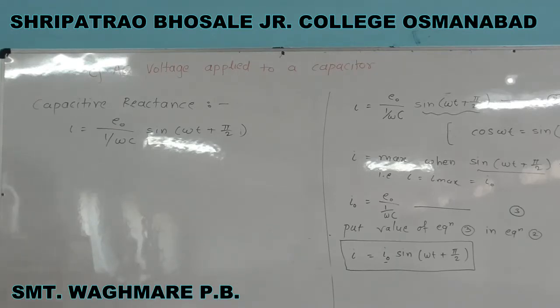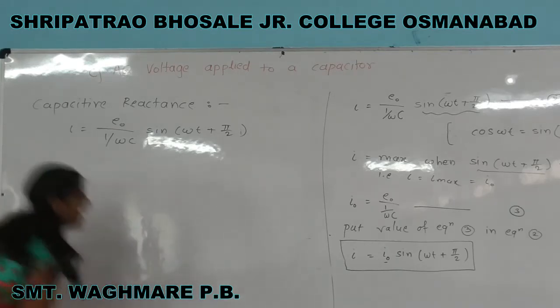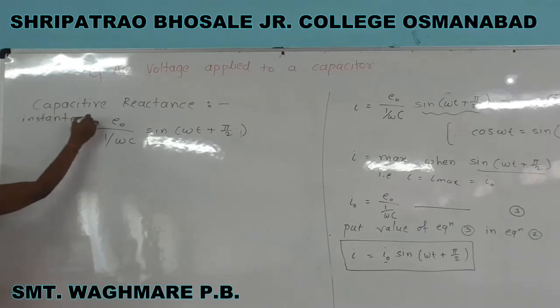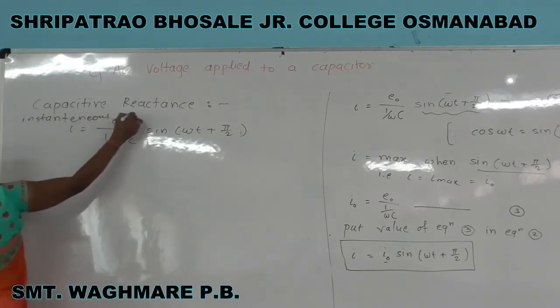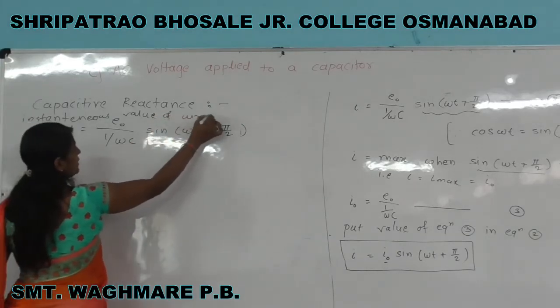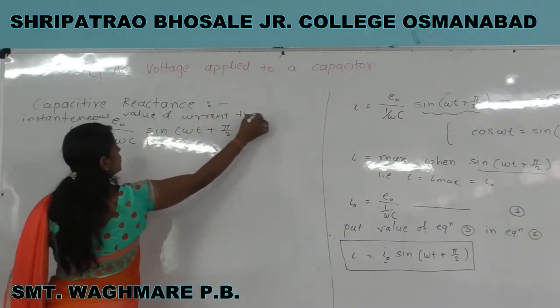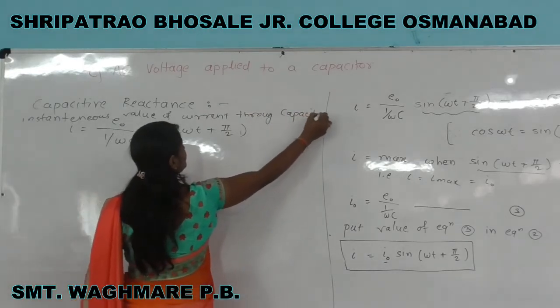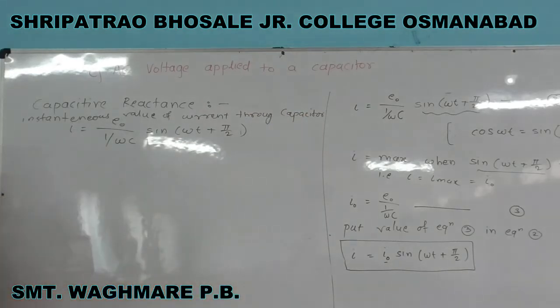This is the instantaneous value of current through the capacitor. That is I is equal to E naught upon 1 upon omega c sin omega t plus pi by 2.